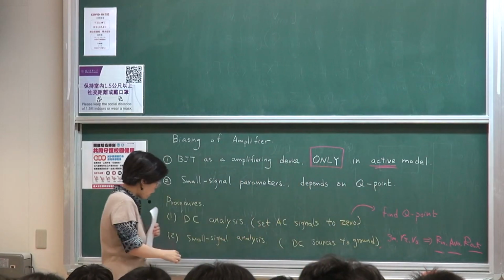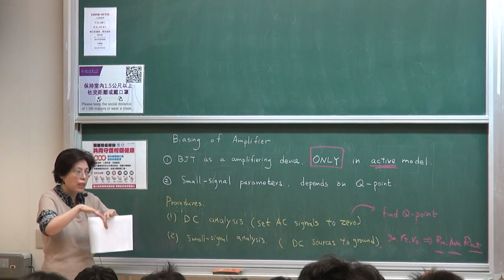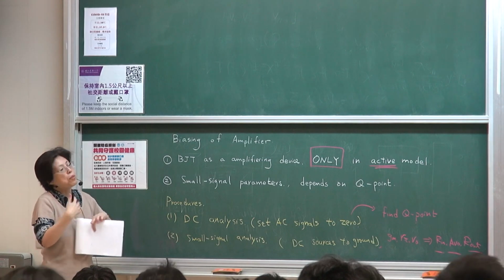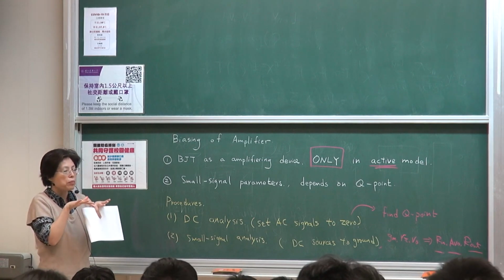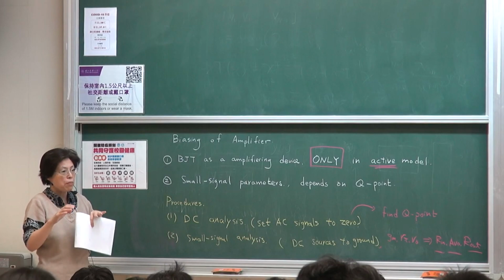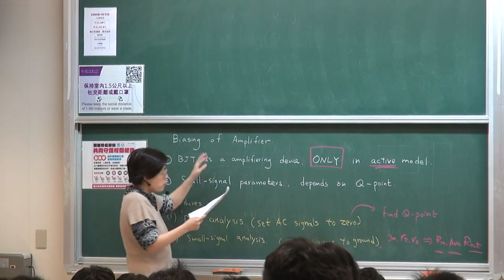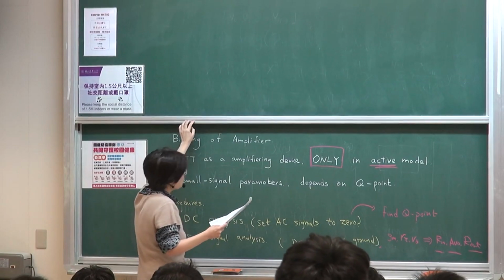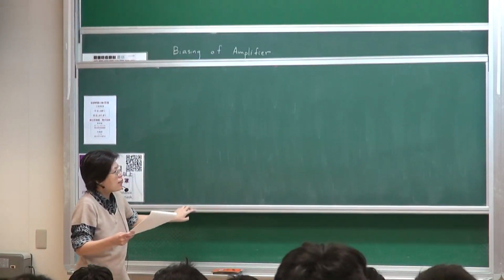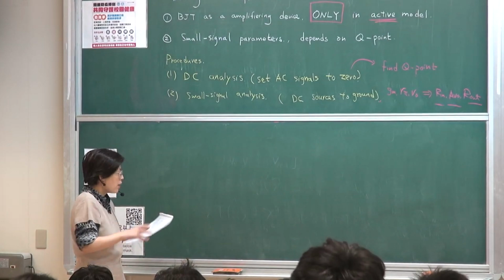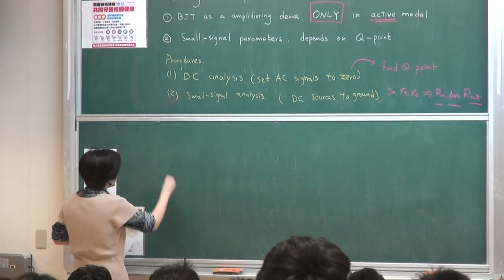So how do you do the placing, or finding the optimal operating point? Well, mainly it depends on the behavior of the overall circuit. As I said, there are two procedures. Let me just go through the procedure.